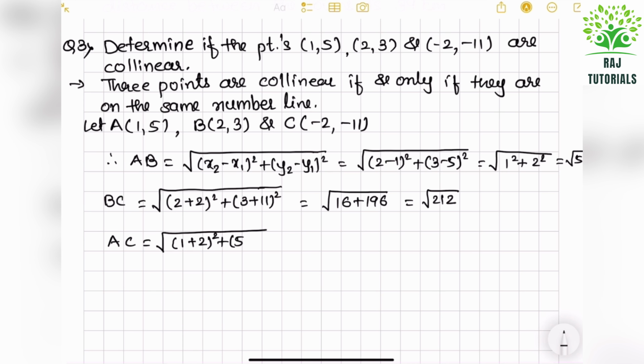So 2 square plus 5 minus of minus 11. So plus 11 whole square. So this will be 9 plus 256. So 263.